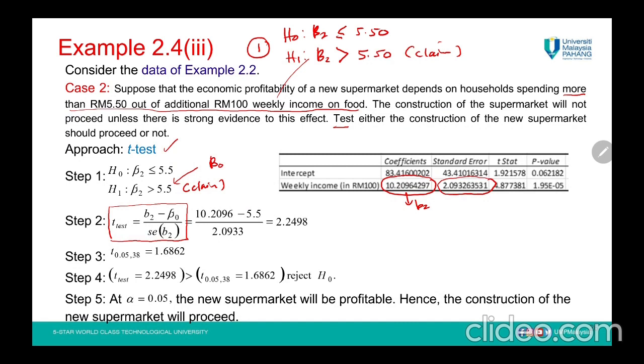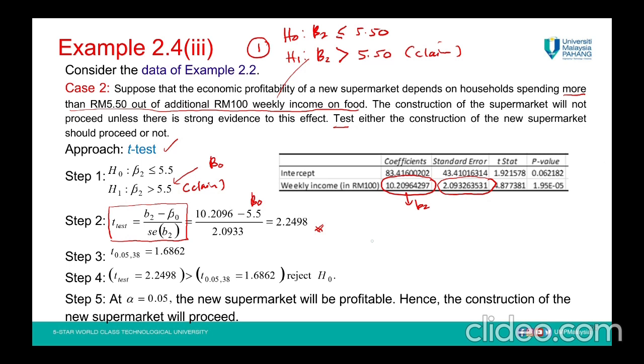We substitute these values into the formula as well as the value for beta naught. So we get the t-test value of 2.2498 at 4 decimal places. So we complete step 2. Now we go to step 3.